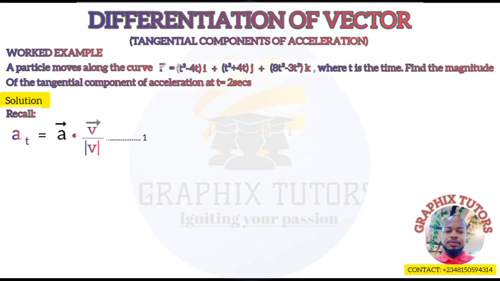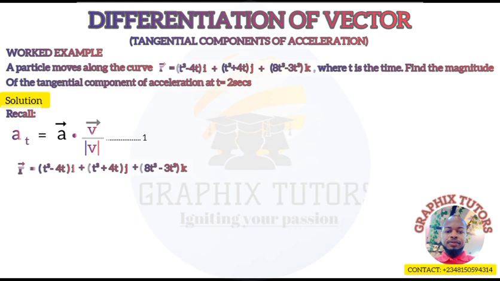Have it in mind that if a particle is moving along a curved path, the position vector, the arrow you see here that is given in our question, is our position vector. So I'll call it my displacement. Is that okay now? So with this formula, we're halfway there.